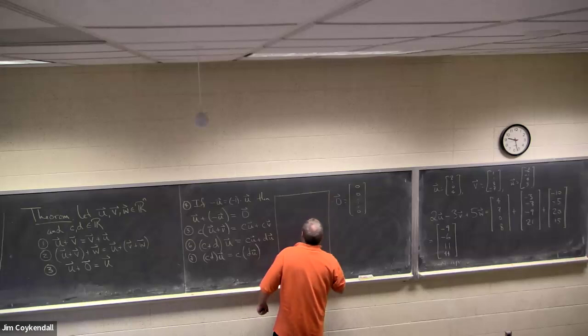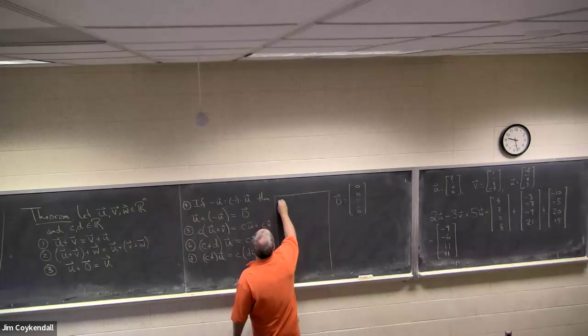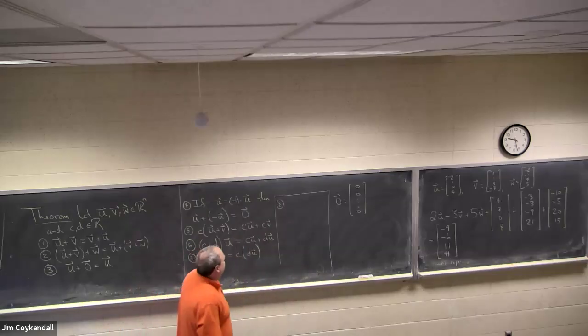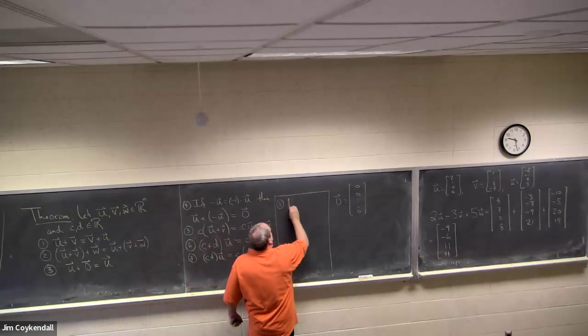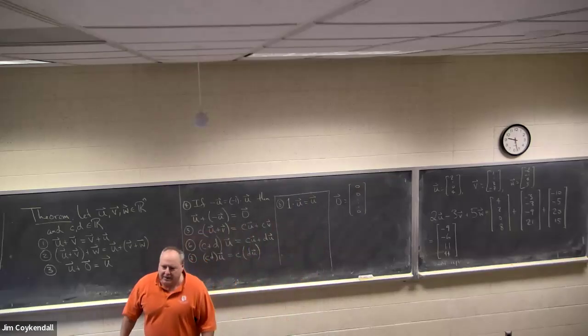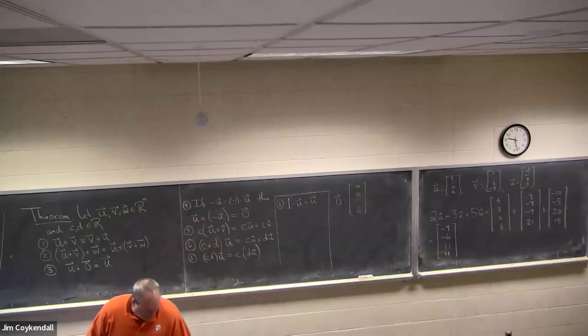This almost seems like, why, Jim, have you lost your mind? Why are you writing this down? Because, like I said, in a more general setting, this is actually important. When I scale any vector by 1, I get the vector back. 1 times any vector is the vector itself.